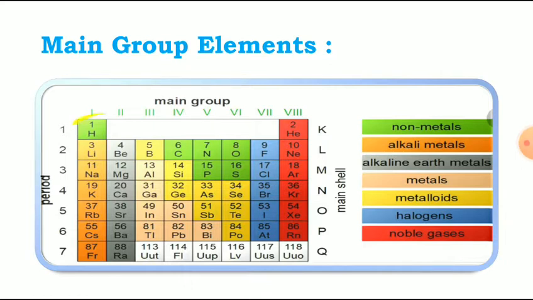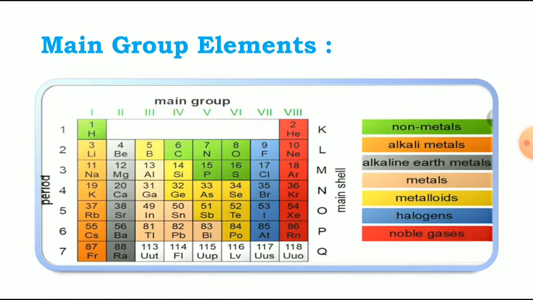These are the metals actually. The yellow colored part will be the metalloids, or semi-metals, the blue part the halogens, and the red area denotes the noble gases.